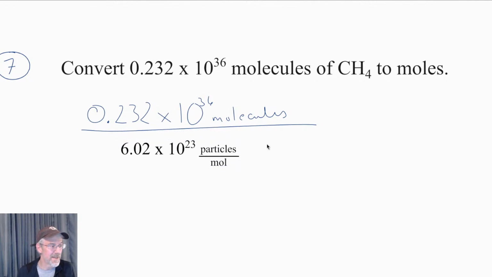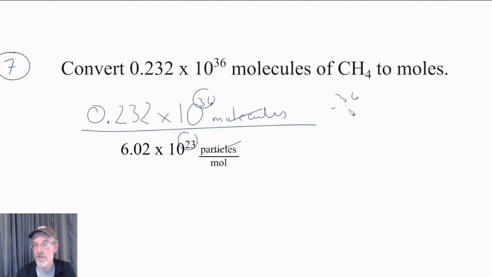So you can do what we did before, where we cross the molecules out. So we'd have 0.232 divided by 6.02, and then we'd subtract these numbers. So 36 minus 23, that's what? That's 13, a positive 13. So what do we get here? I get 0.385.